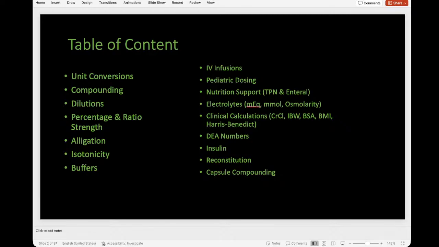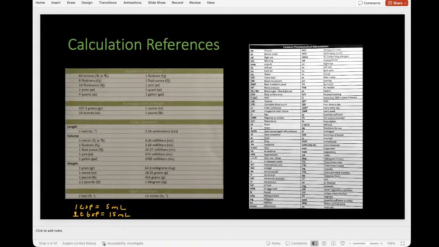So the first thing we want to focus on here is really just understanding the calculation references. These include things like understanding the apothecary units of fluid.